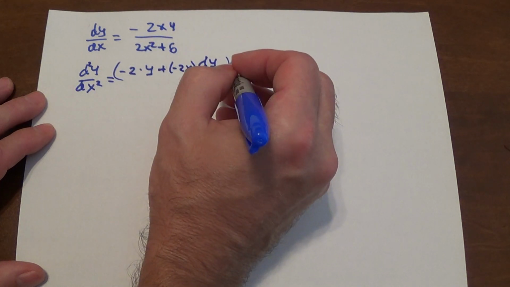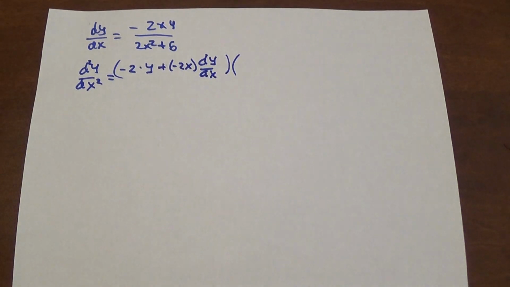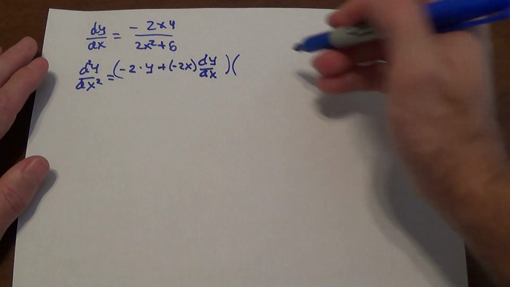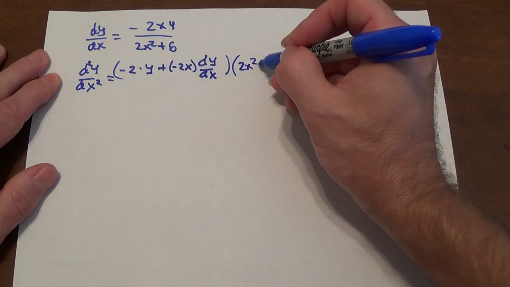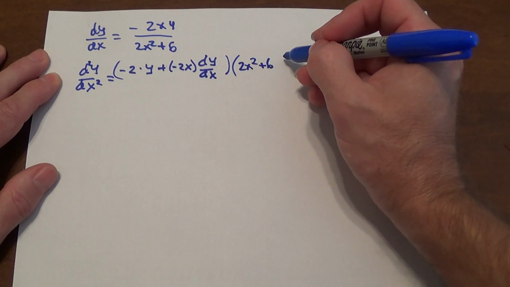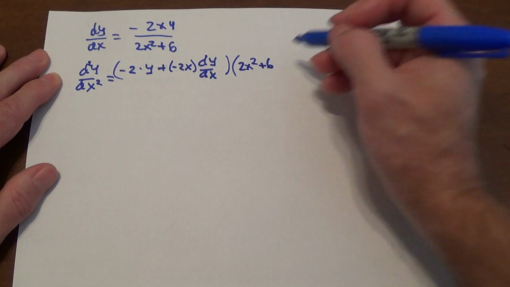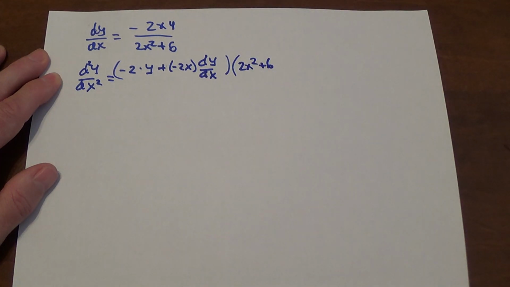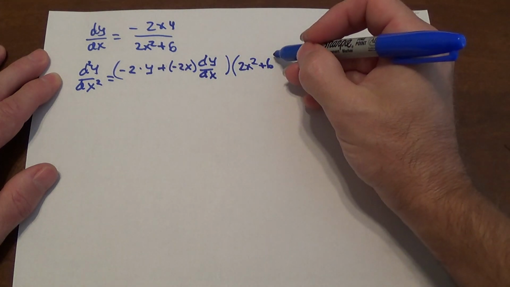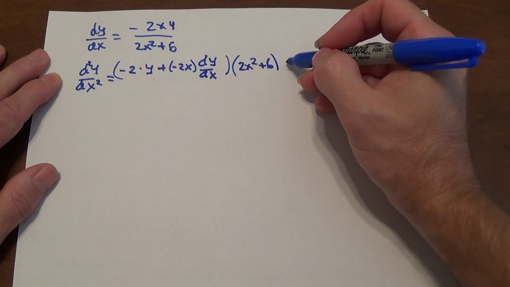Okay, so you multiply that by the denominator, 2x squared plus 6. Correct? Okay. And then we're using the quotient rule.